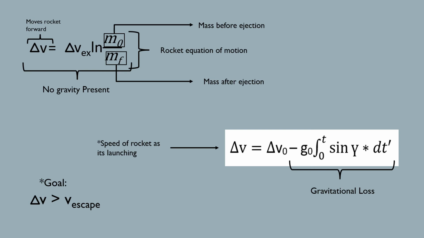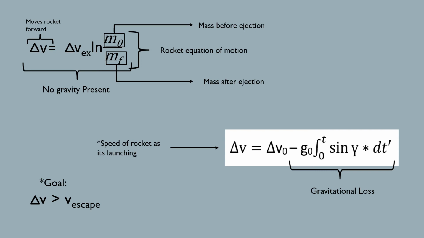So then we have the speed of the rocket as it's launching, which is the change in velocity again, and we equal that to the initial velocity. And we subtract all this stuff, which is a little bit too complicated to get into, but this just means that it's the gravitational loss.